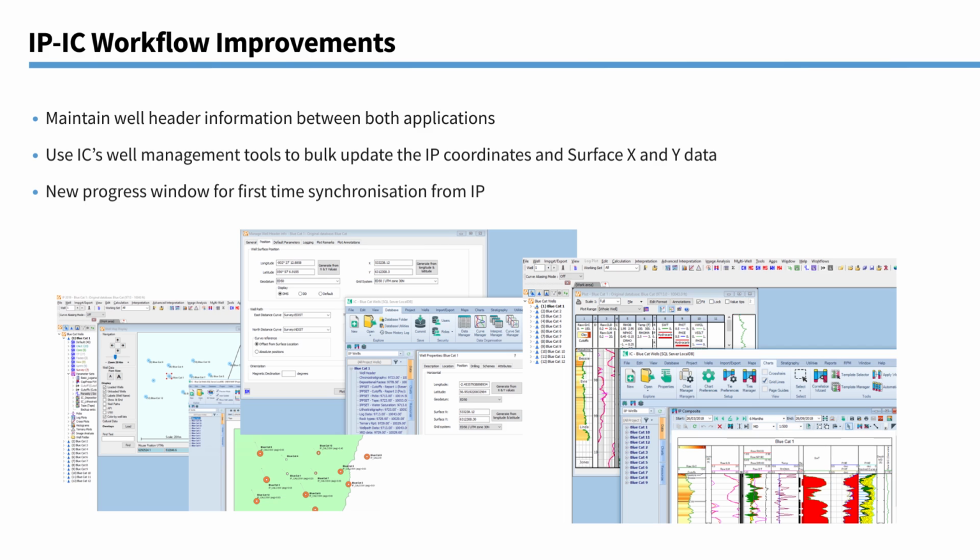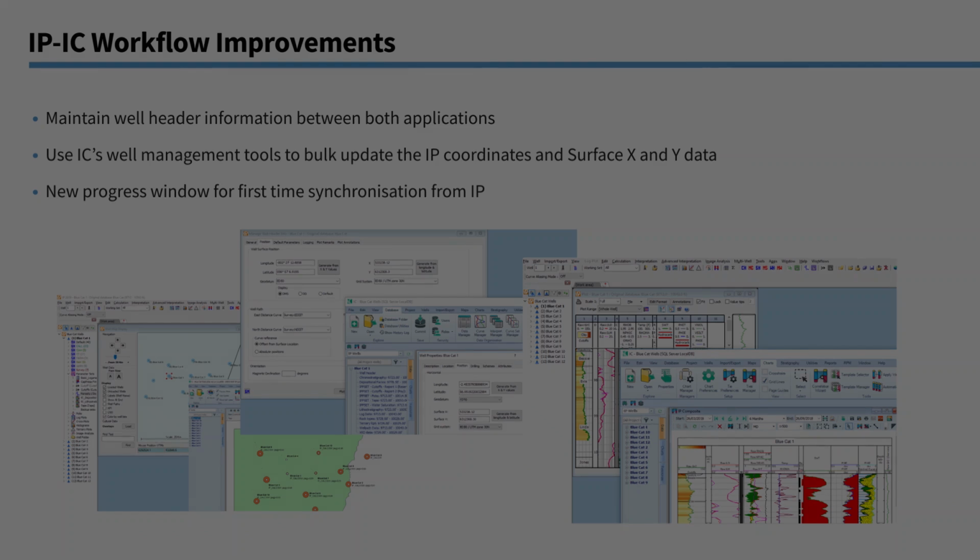Using IC's well management tools, for example, to bulk update the IP coordinate systems, give the wells X, Y data, and then synchronize that between the two applications as well. We've also added things like a new progress window for the synchronization, which is particularly useful if you have very large IP databases that you're synchronizing with IC for the first time, as this can take some time, and it's good to have a progress window to let you know how that's going.